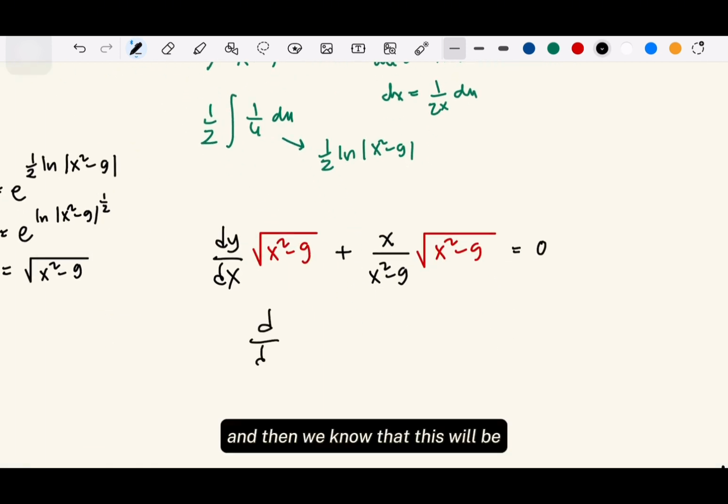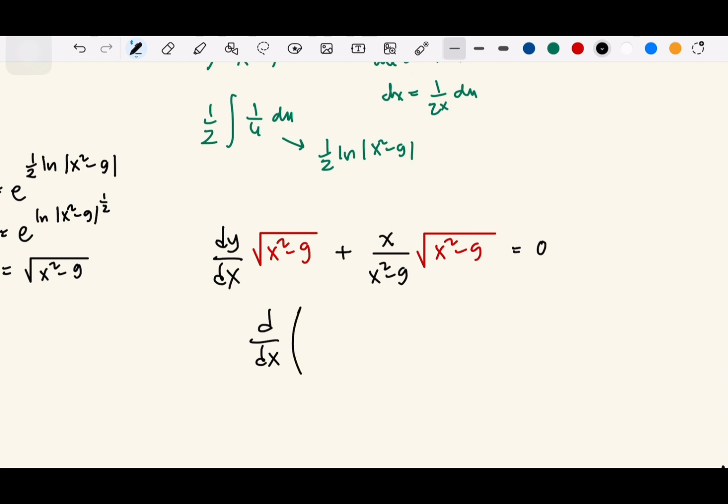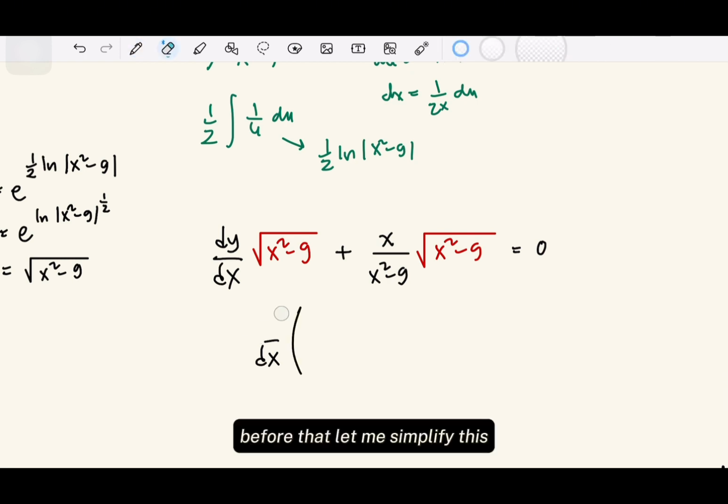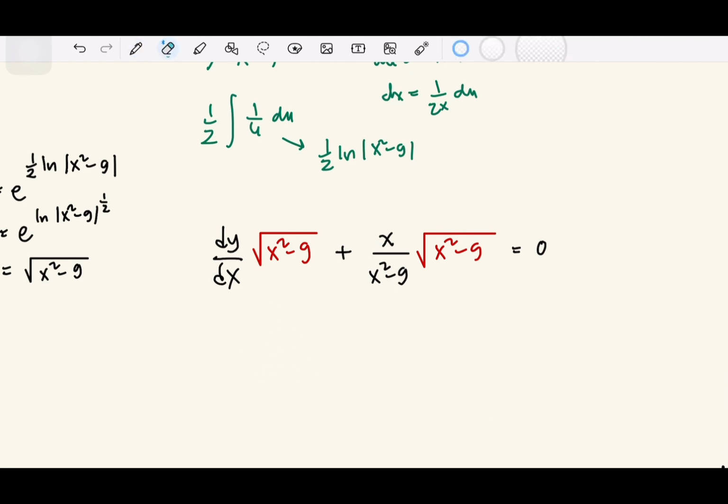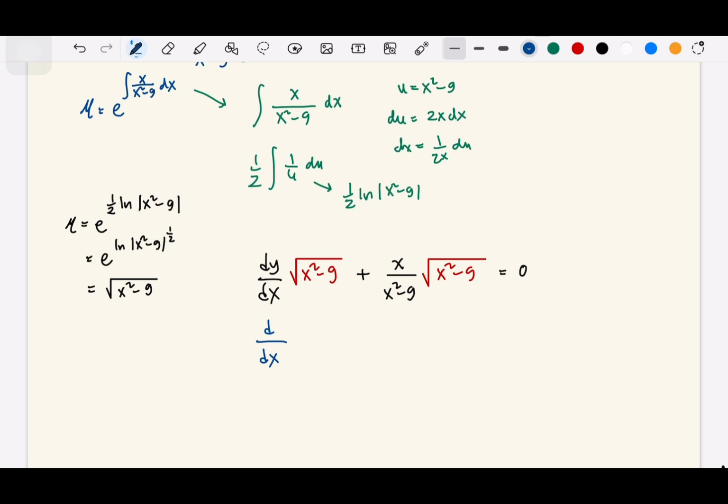And then we know that this will be, or before that, let me simplify this.